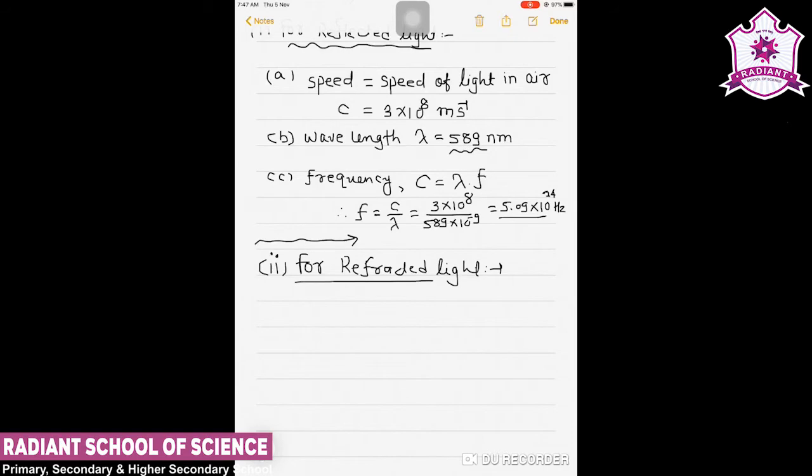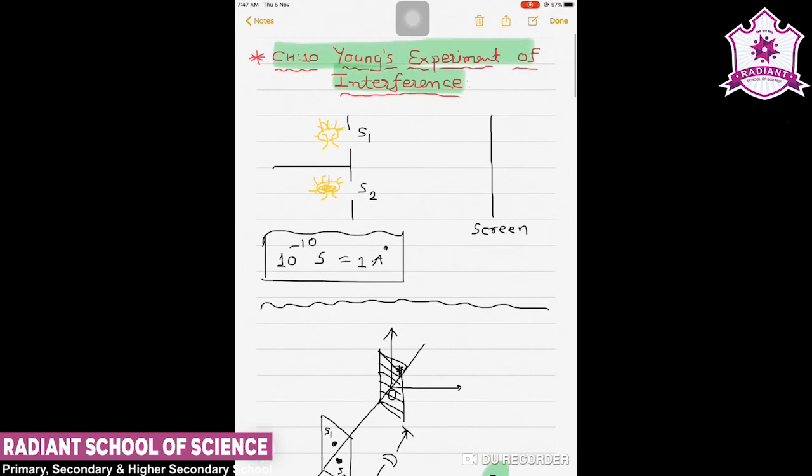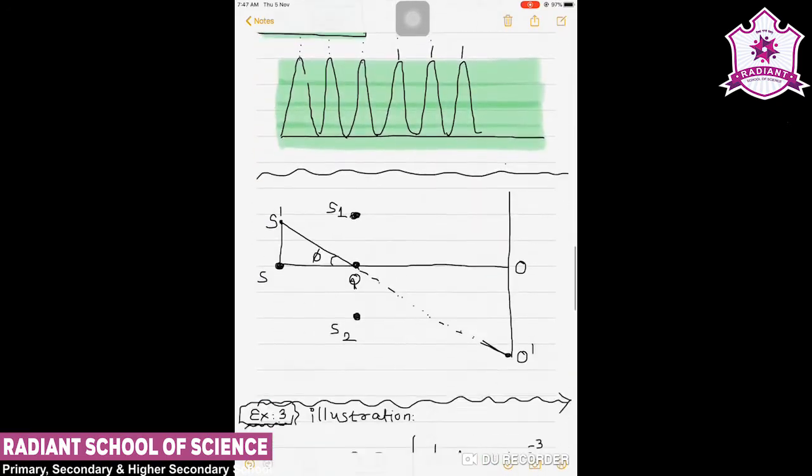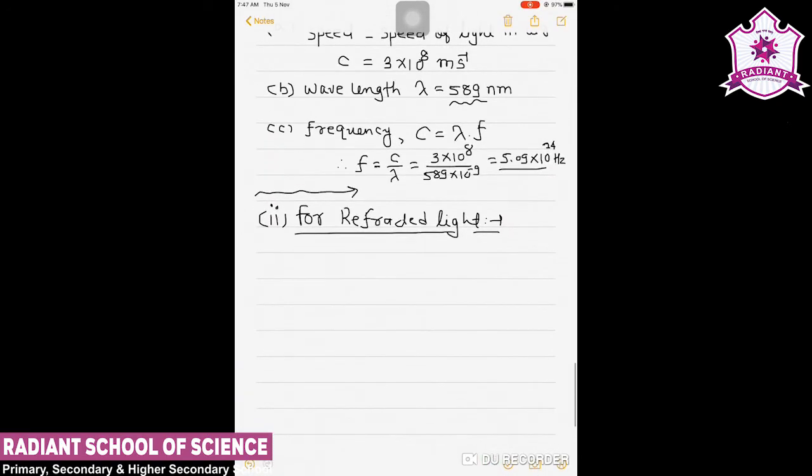We can say for refracted light, the frequency that is observed remains unchanged, while both wavelength and speed will get changed here. So first we will say that frequency will not change.